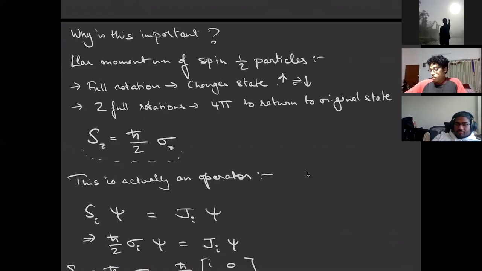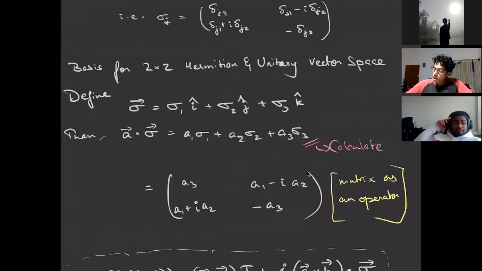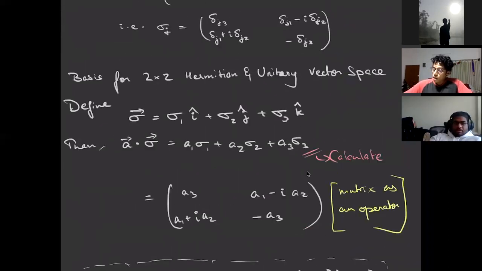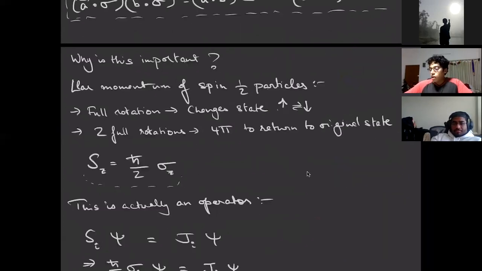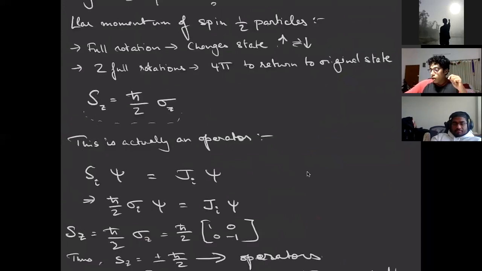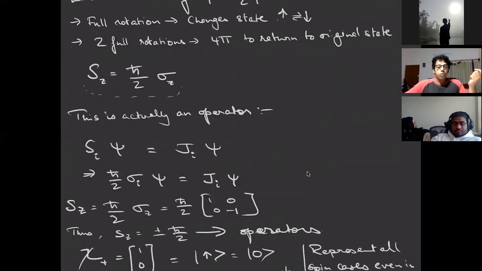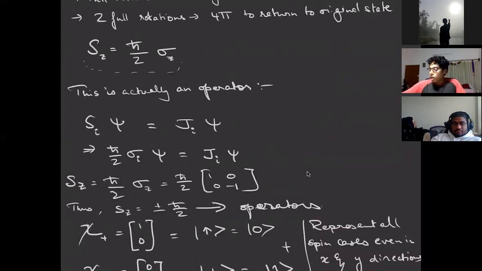Since we have associated the vectors with the components sigma 1, sigma 2, sigma 3, the sigma along the z direction becomes the spin operator to determine the spin along the z direction, right?